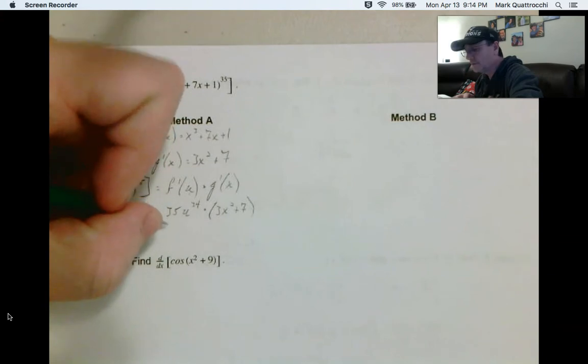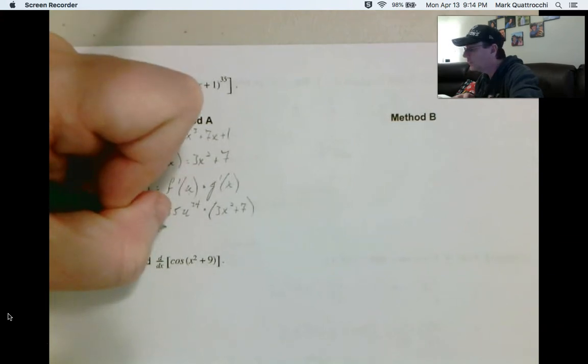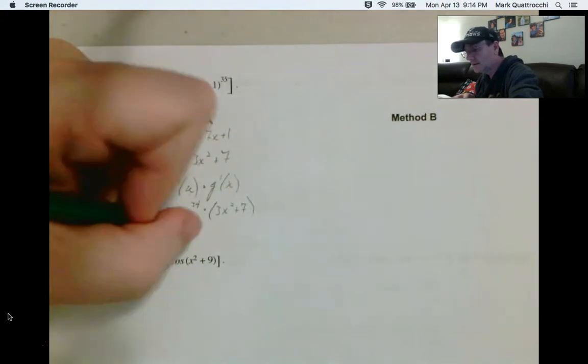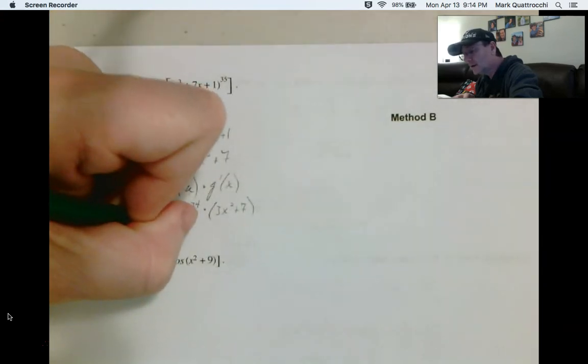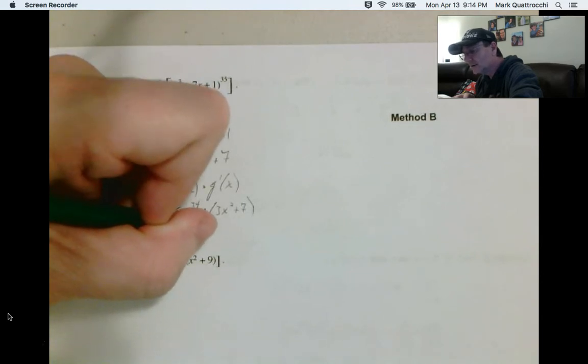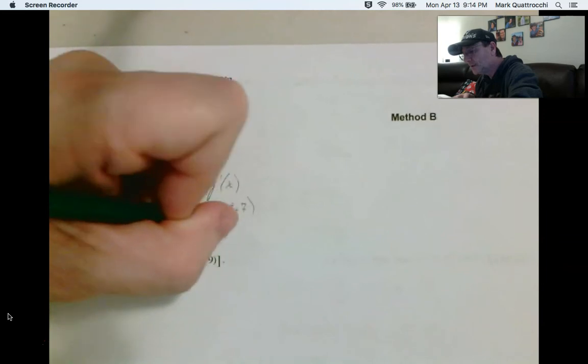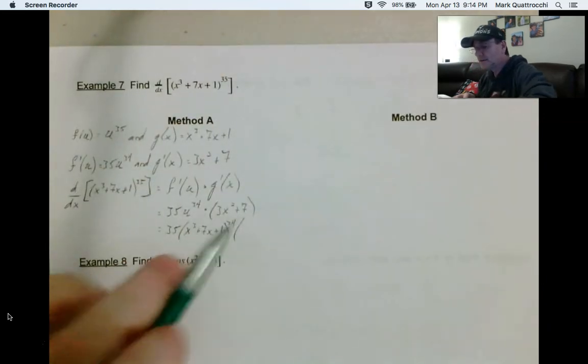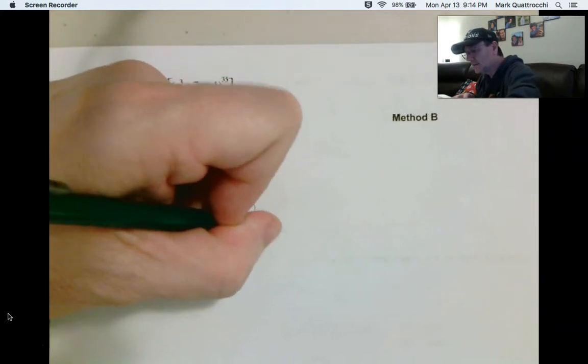So we have 35 times x cubed plus 7x plus 1 to the 34th power times 3x squared plus 7.